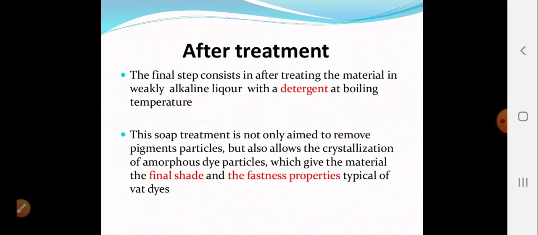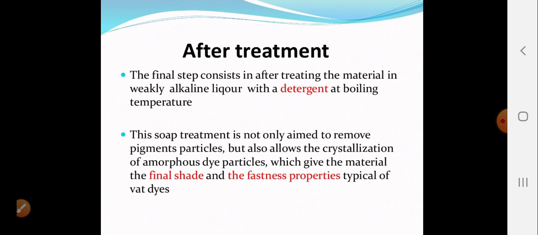After-treatment is the third step in the vat dyeing process and also the final step in the dyeing. It consists of treating the material in weak alkaline liquor with a detergent at boiling temperature.